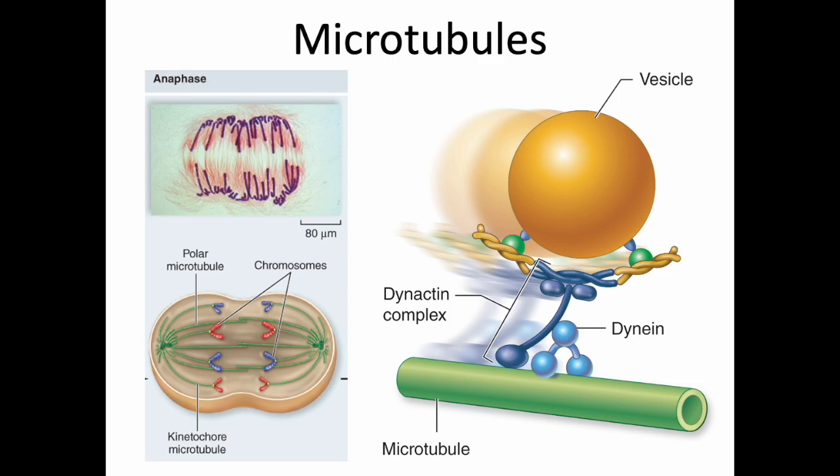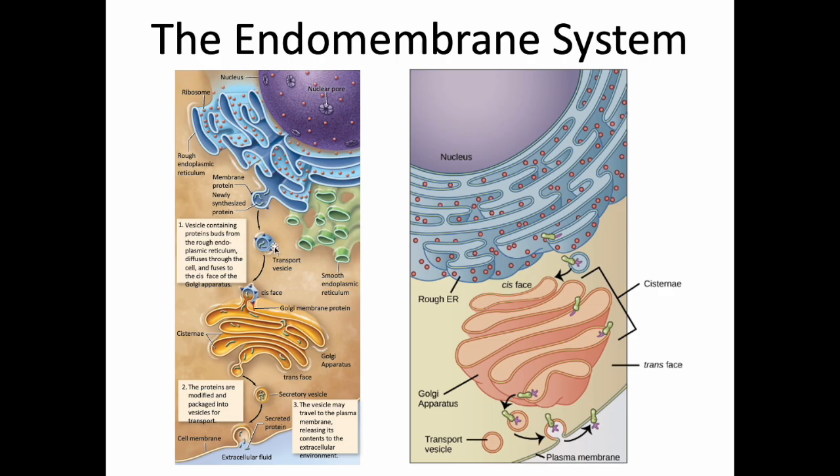So if I can back up to when we were talking about the endomembrane system, and we saw these vesicles being shipped from the rough ER to the Golgi, and from the Golgi to somewhere else in the cell, these figures kind of show these vesicles just magically floating to where they need to go.